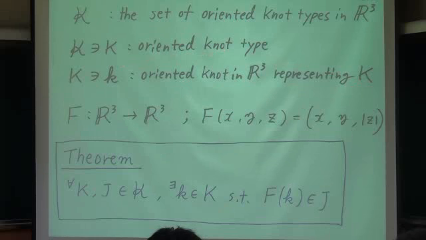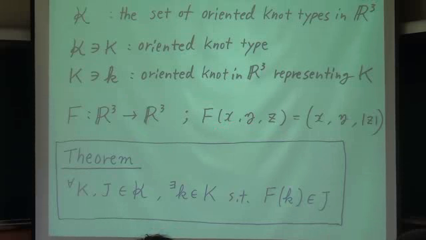You know that a knot type is an equivalence class of all ambient isotopic knots. So by this we mean this is a particular representative. So this is anyway a subset of R3 that is abstractly homeomorphic to a circle. So today all knots are oriented, but I don't mention orientation explicitly later.